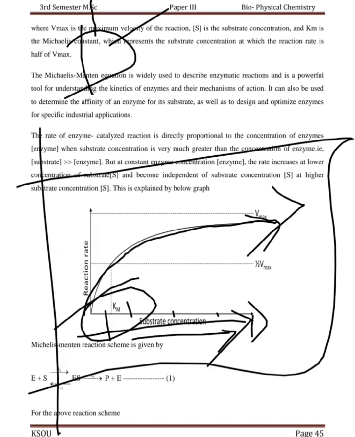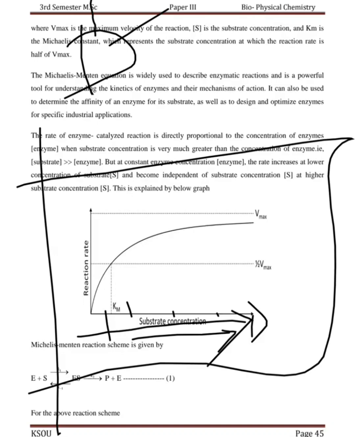How are you going to calculate the constant Km? By plotting the graph and taking Vmax. Vmax is nothing but the rate of reaction which becomes maximum, meaning after that it will be constant. However much the substrate concentration is increased, the Vmax will become constant.